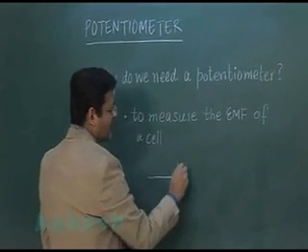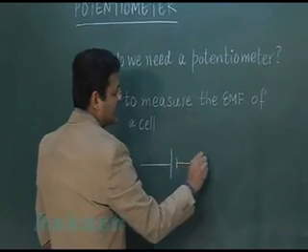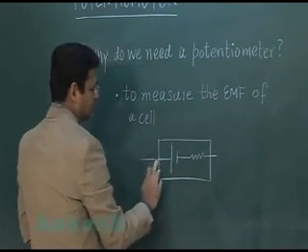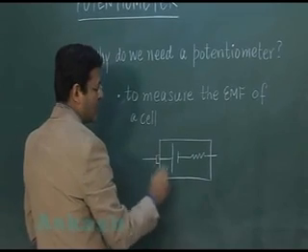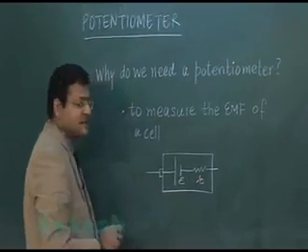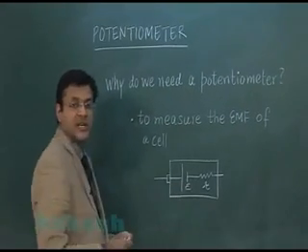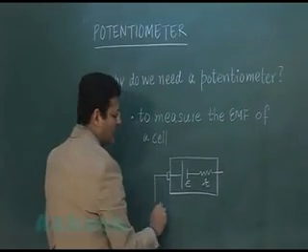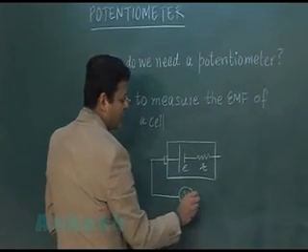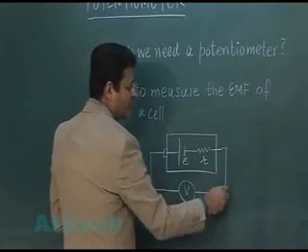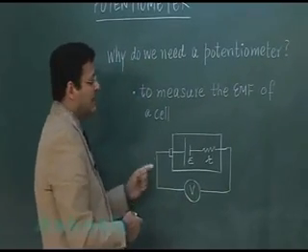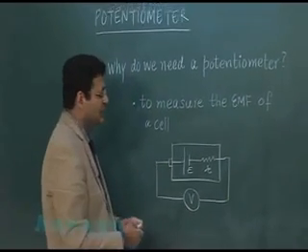If you remember, cell में हमने कहा था, we said that in a cell this is the EMF, this is the internal resistance. Let us suppose to this cell you want to measure the EMF. So let us suppose you have connected a voltmeter, because हमें पता है कि voltmeter terminal voltage बताता है, potential drop बताता है.